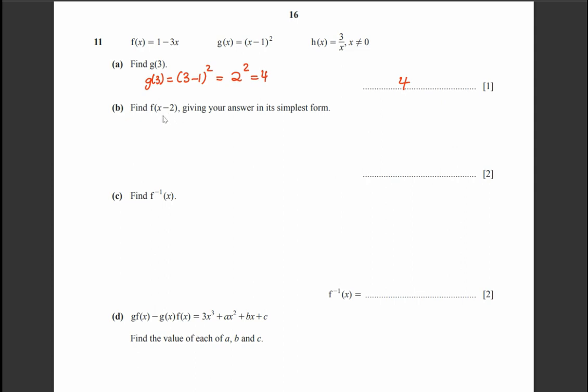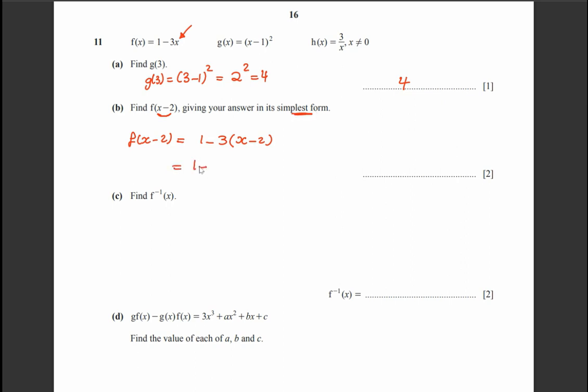Then find f of x minus 2. That means in the function, remove x and put instead of it x minus 2. So f of x minus 2 equals 1 minus 3, then open a bracket and write x minus 2, in the simplest form.